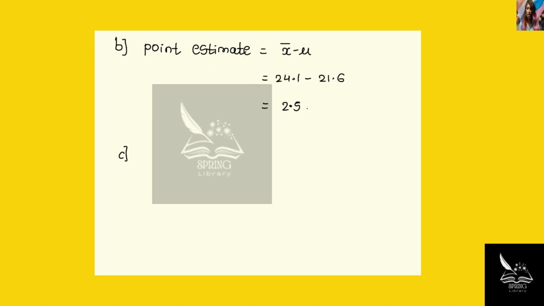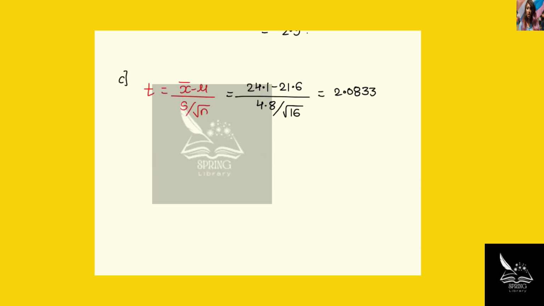Since the population standard deviation sigma is unknown, we use the t-test statistic, given by t is equal to x bar minus mu divided by s upon square root of n, that is 24.1 minus 21.6 divided by 4.8 upon square root of 16, which is equal to 2.0833. This is the test statistic value.